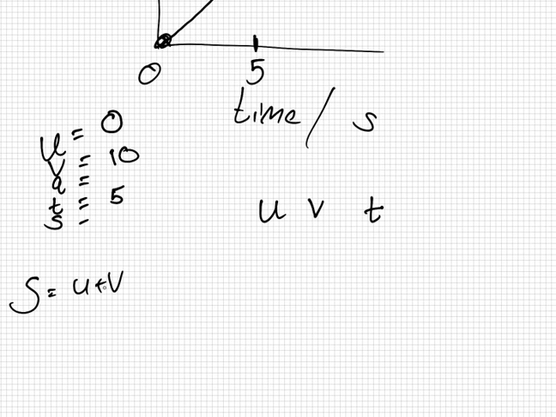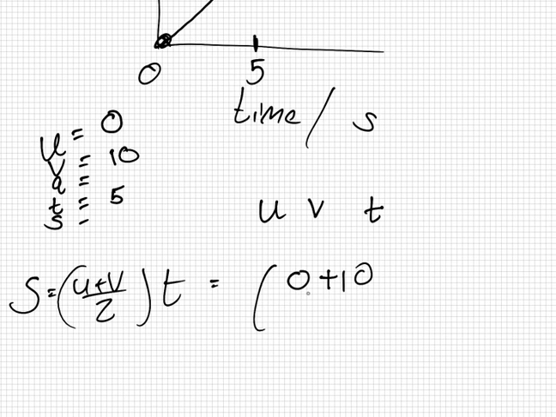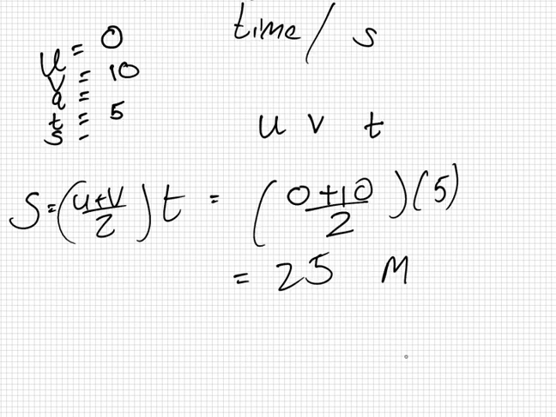x equals (u plus v) over 2, multiplied by t. That is (0 plus 10) over 2 times 5. So that is 25 meters. So that's how far the car moves. It moved 25 meters. Okay, let's use the next formula. What was the next one? v equals u plus at.